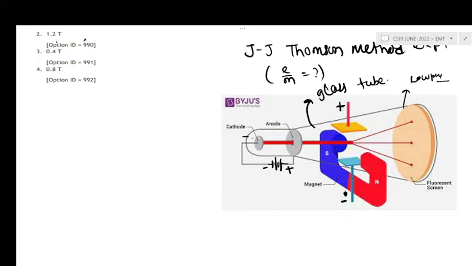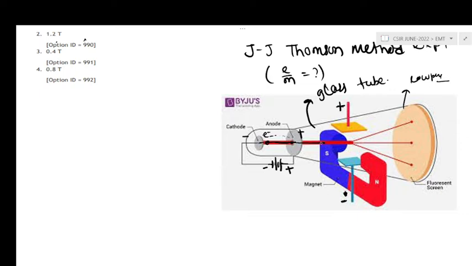Due to the highly negative cathode, electrons will start to flow from the cathode towards the anode, go through a hole, and pass through this pipe like this.